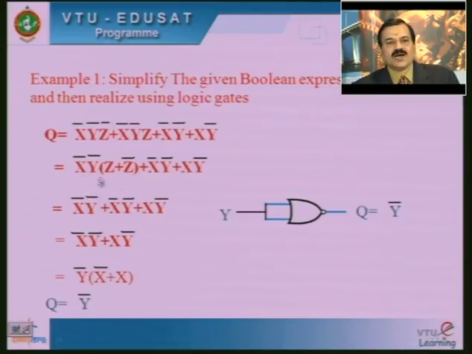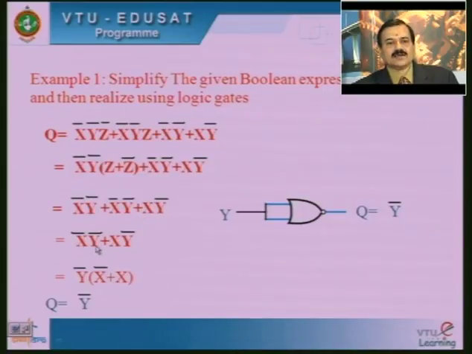Hence x bar y bar plus x bar y bar plus x y bar. Now these two terms are one and the same, so x bar y bar plus x bar y bar is treated as x bar y bar only. We write it one time, and x y bar is taken as it is.